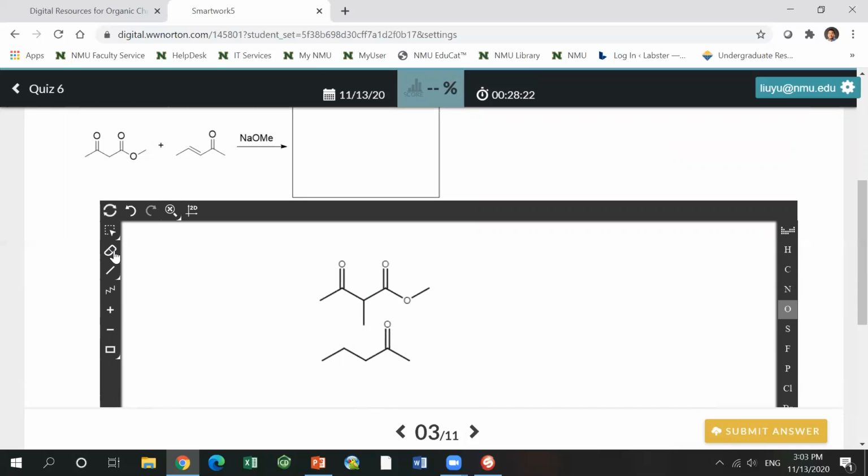Keep that in mind. For the Michael addition, it looks like a 3,4 addition. The alpha enolate attacks the fourth carbon, and then the hydrogen goes here. Don't forget that.